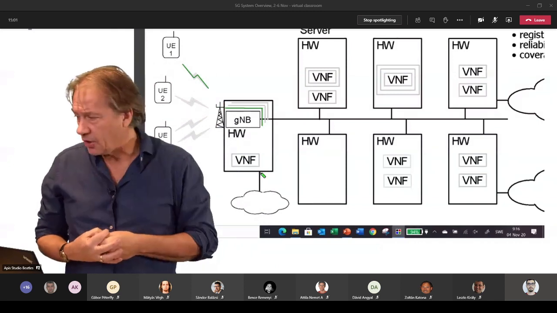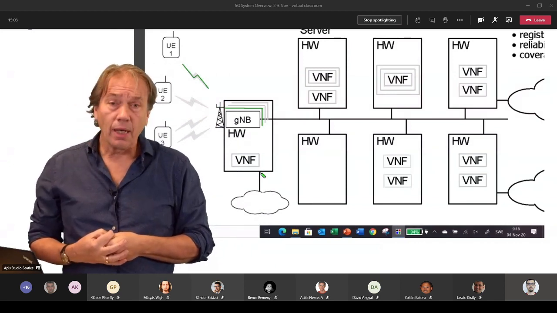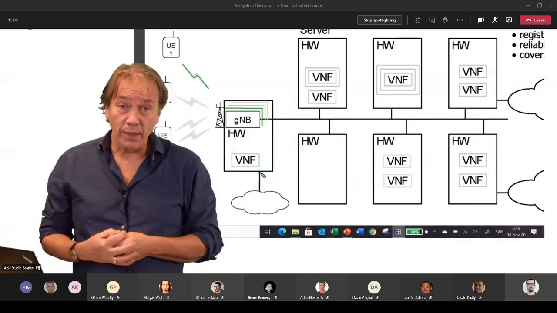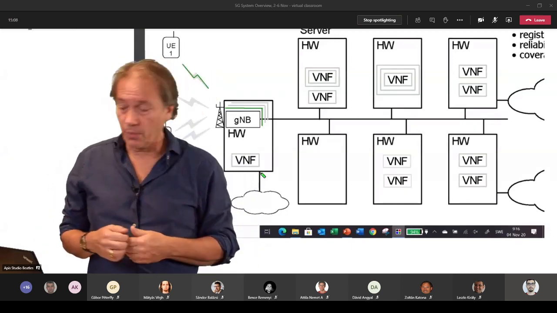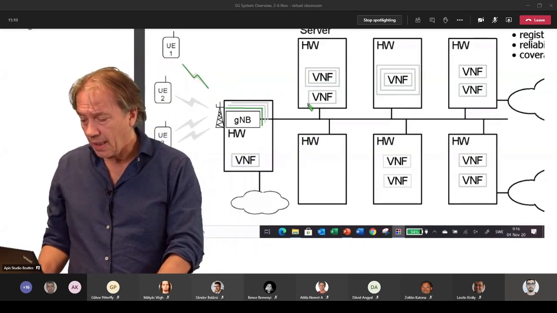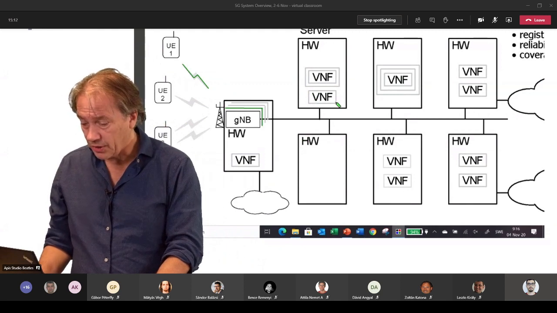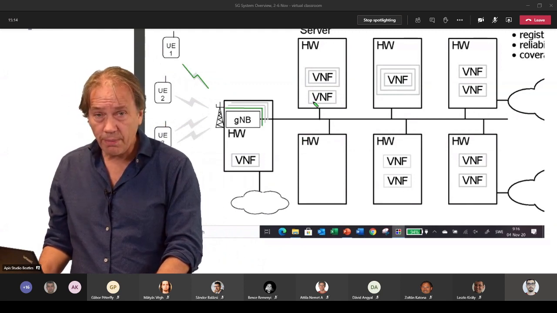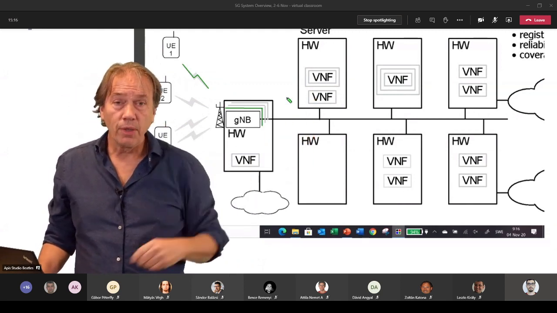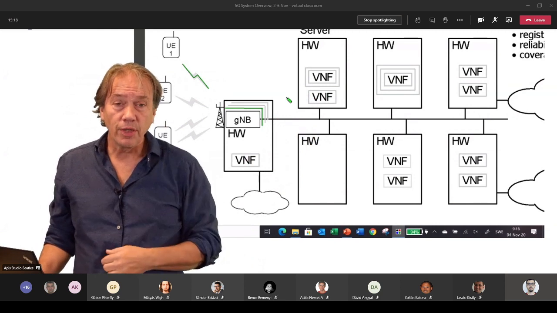So let's color a few of them green, indicating that they belong to the green network slice. So as an example, this VNF here, that one belongs to the green network slice.